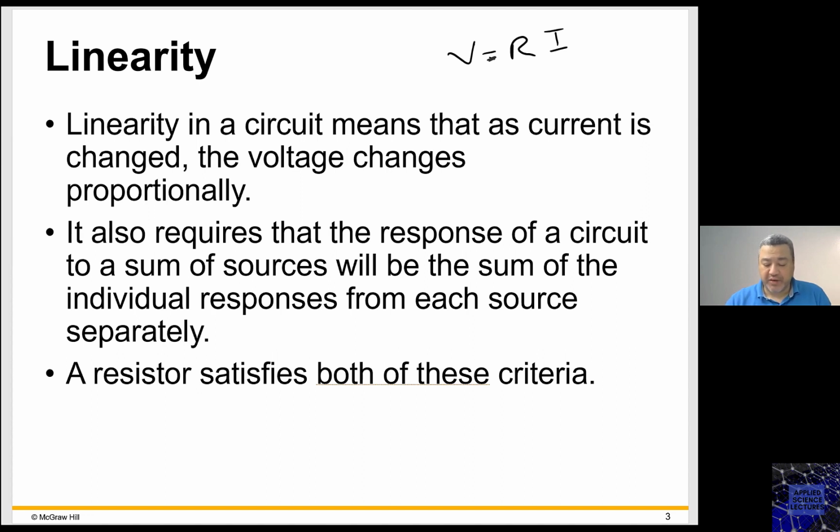As long as my resistance is constant, not changing, then I have a linear system. And in this case, if I look at my current versus voltage, then the relationship would be like this, ideally.